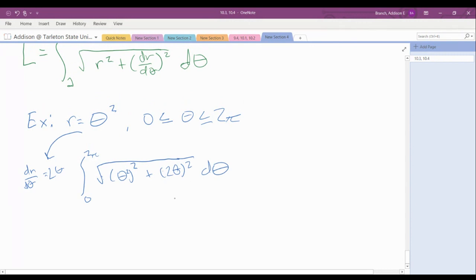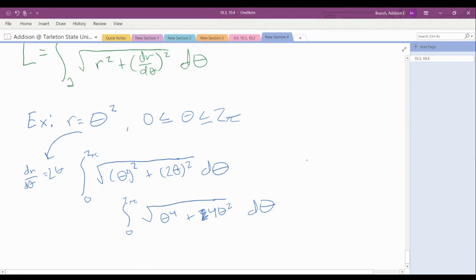And then we can simplify down to the integral from 0 to 2 pi of the square root of theta to the 4th plus 4 theta squared d theta.